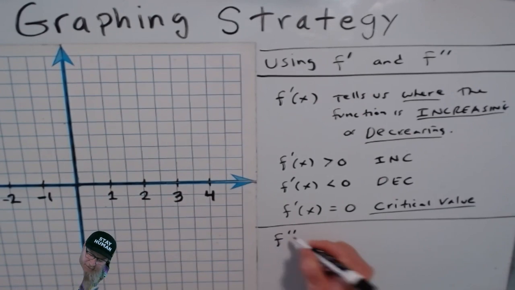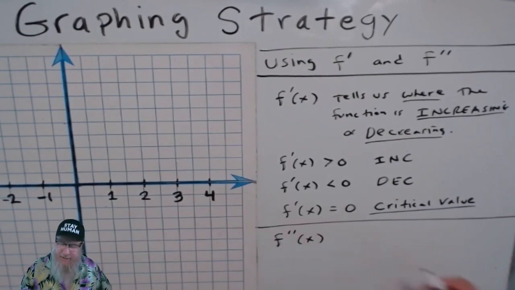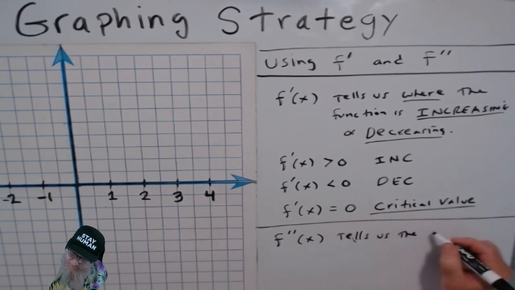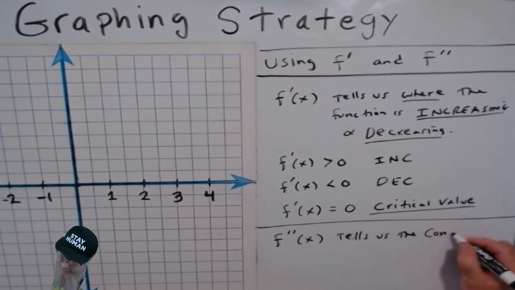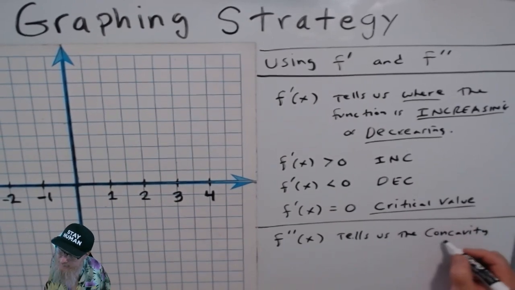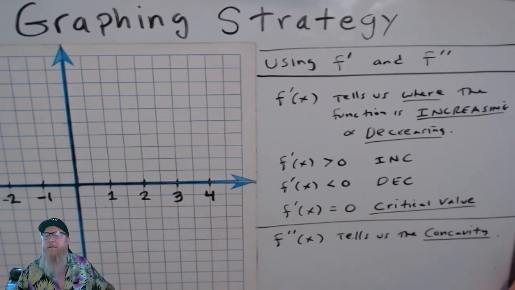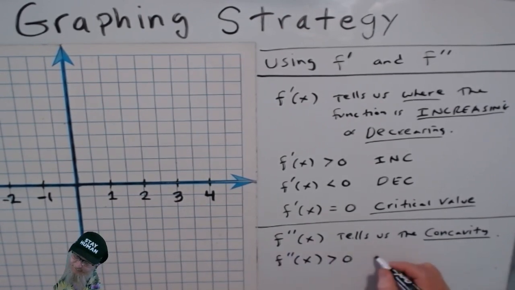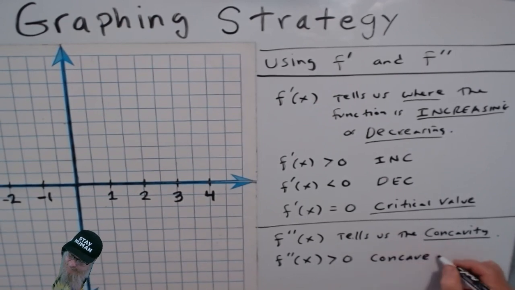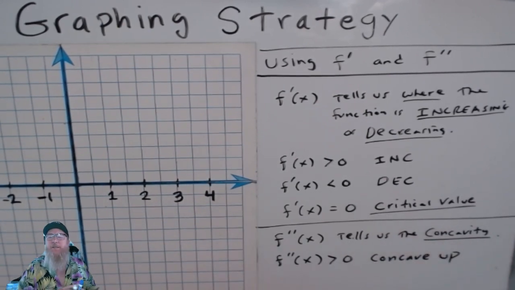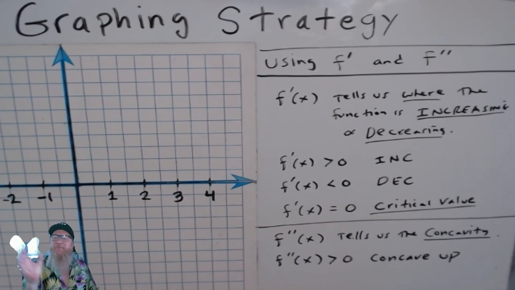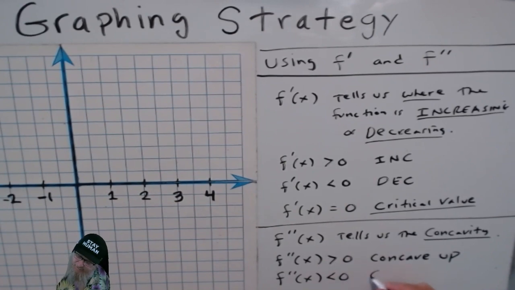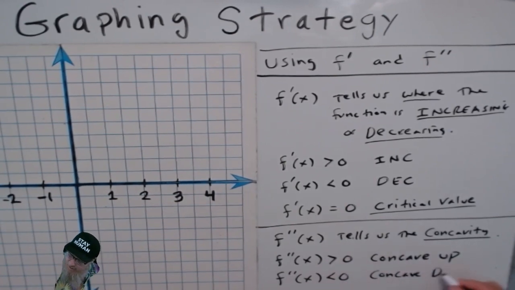The second derivative tells us the concavity. For example, if the second derivative is positive, then the graph is concave up. In other words, it's shaped like the letter U. If the second derivative is less than 0, it's concave down.